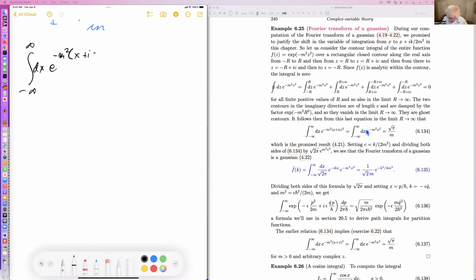This is independent of c, and it's equal to the same thing as dx e to the minus m squared x squared, and that's equal to square root of pi over m. We now plug that in to this formula.